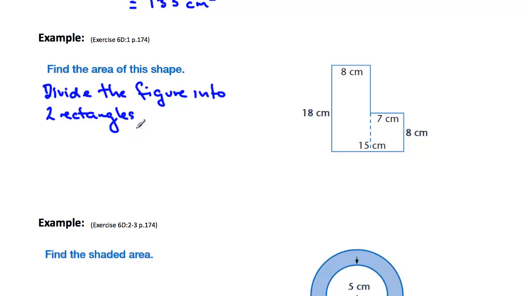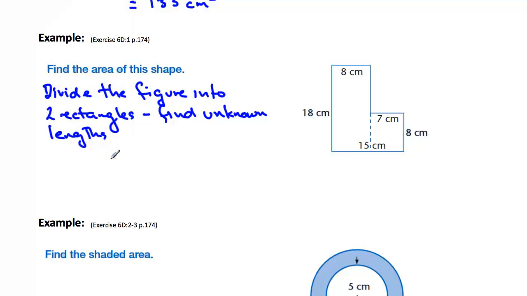And then find any unknown side lengths, because we'll need those measurements. So if we have a look at that, that's 15, that's 8, that's 7, that's 8. Everything's there that we need.